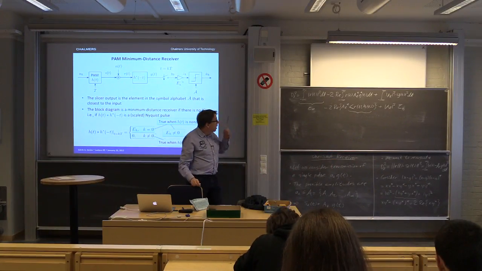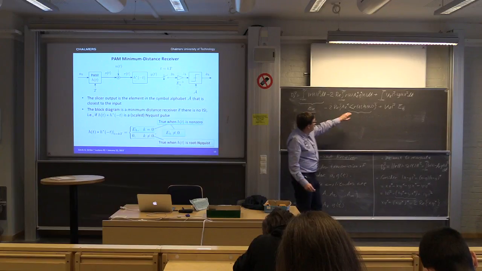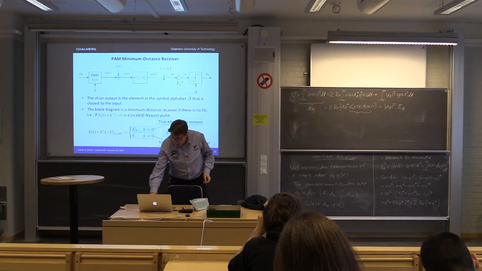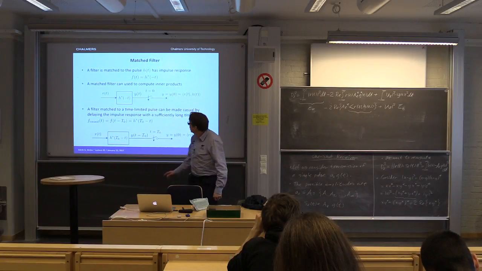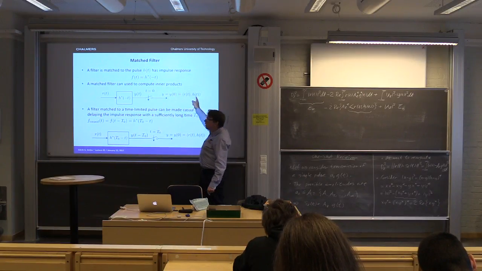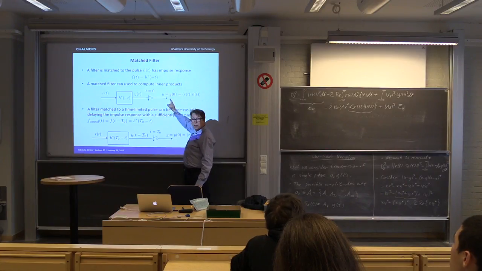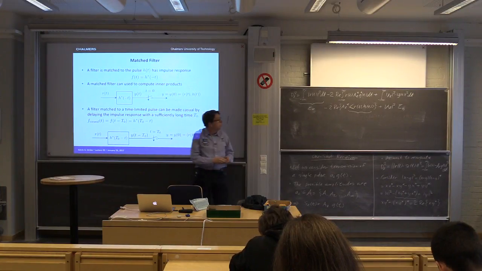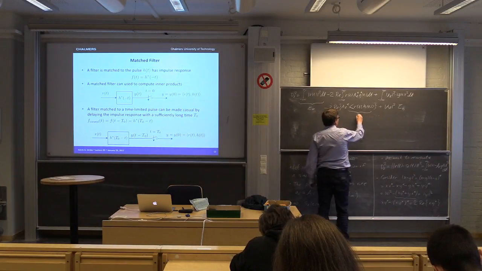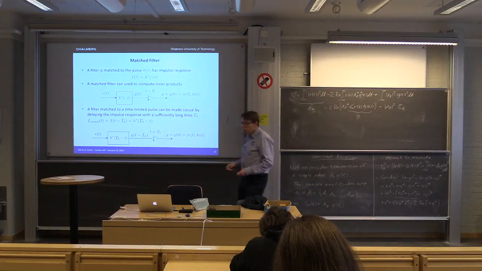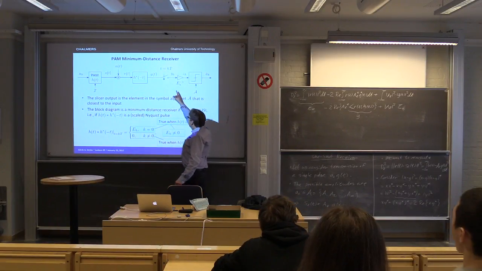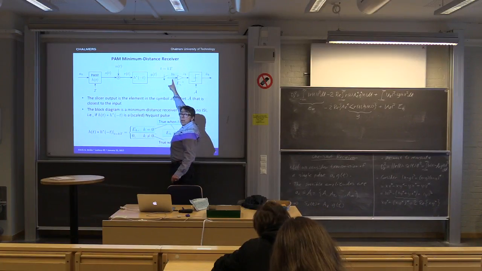Now, what we see here is the inner product of r and h. Have we seen this before? Yes. It's the sample of the matched filter when we sample at time 0. So this is what we call y, where y, to be precise, is this number when k is equal to 0.